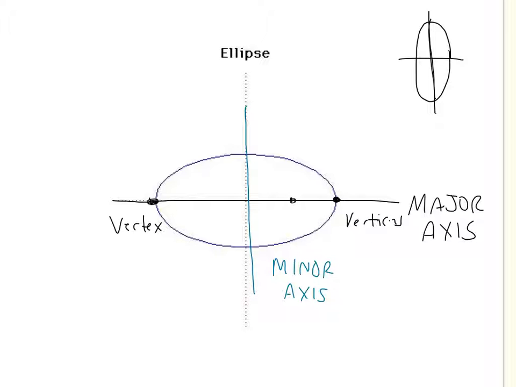We have inside on the major axis these foci. So we have two foci, two vertices on the major axis. And then on the minor axis we have what are called co-vertices. And these are just really the ends of the minor axis.